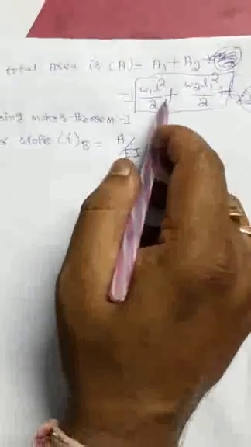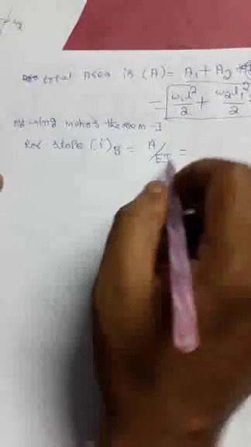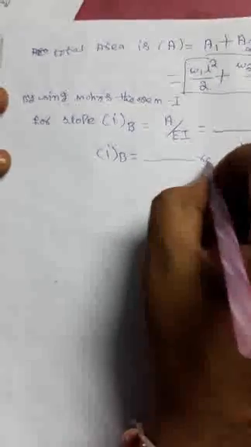Here we get the answer with A and the flexural rigidity E into I. E into I is given in the question only. Substituting here, the flexural rigidity is in units of kilonewton into meter square, and the area is in meter square. So the meter squares cancel, and we get the answer for theta B in units of radians.